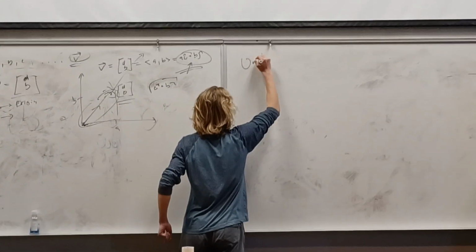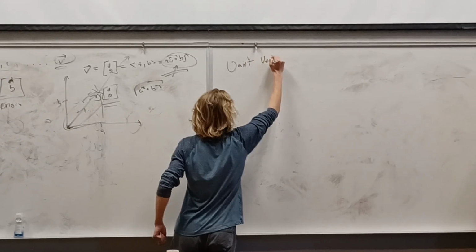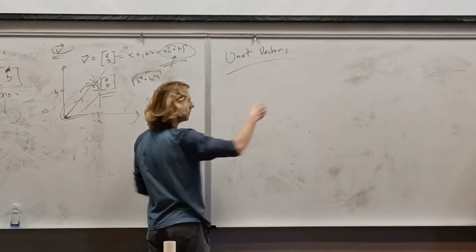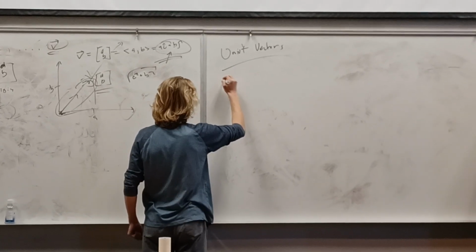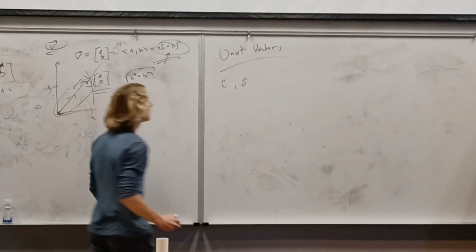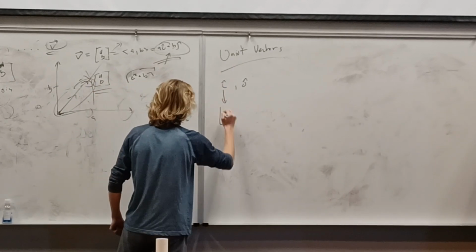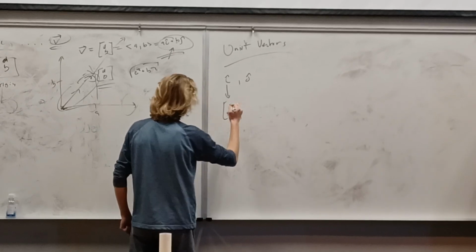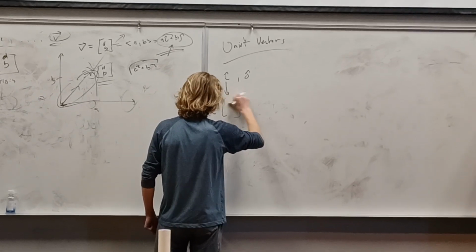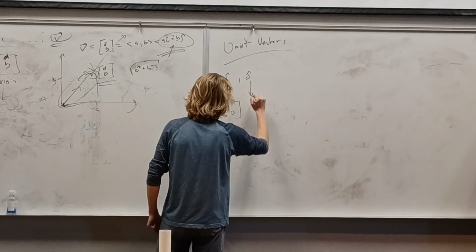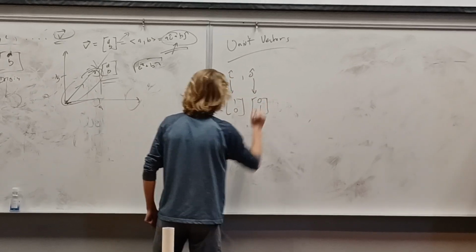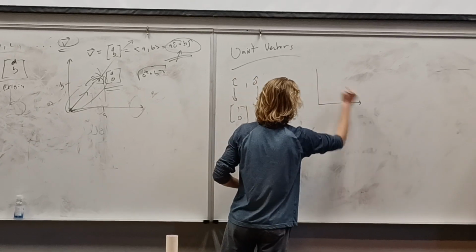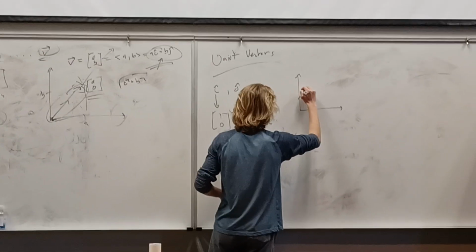The unit vectors. There's 2 of them in 2 dimensions. There's i hat and there's j hat. i hat is the x unit vector, which is 1, 0, and j hat is 0, 1. And so what these 2 basis vectors look like: here's j and here's i.